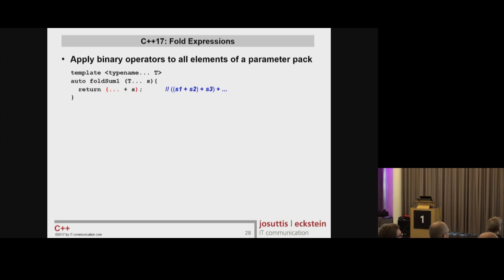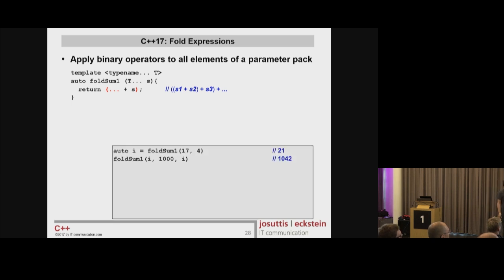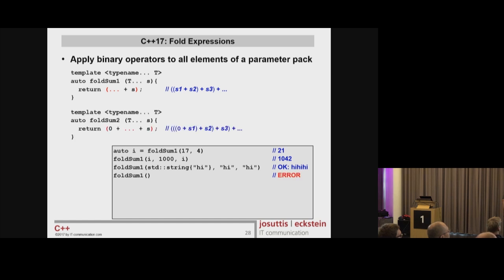And yes, we have a new feature called a fold expression. If I have a variadic number of arguments, what we call a parameter pack, you can say that we apply a certain operator to all of the arguments, like here saying all of the arguments should be combined with the operator plus. That means you can pass a different number of arguments of different types as long as plus is allowed to call.